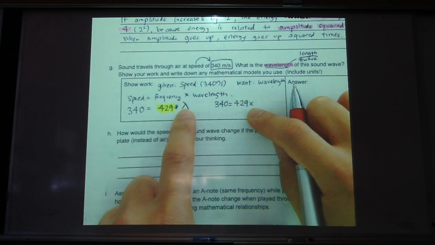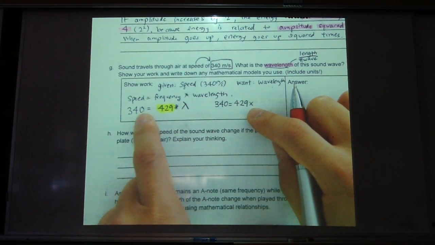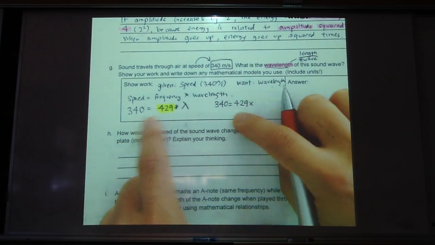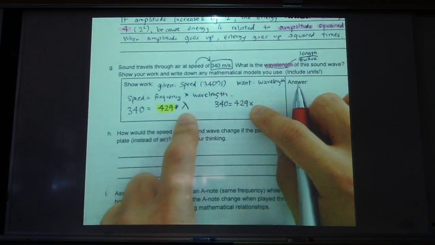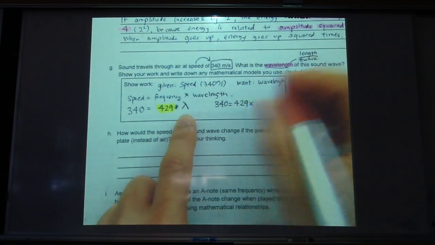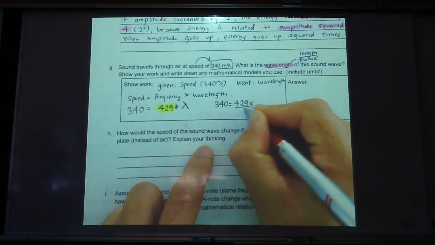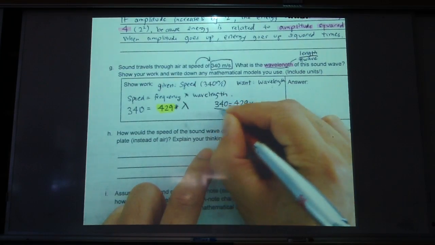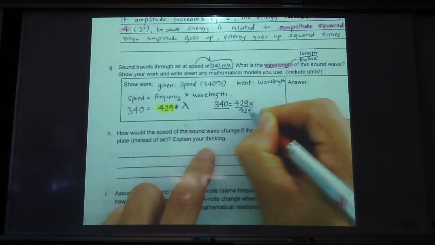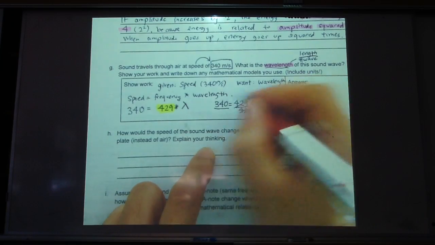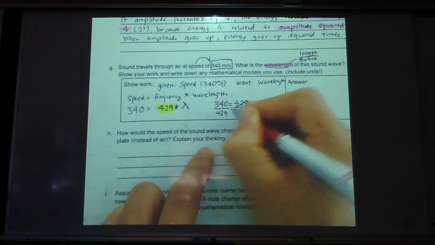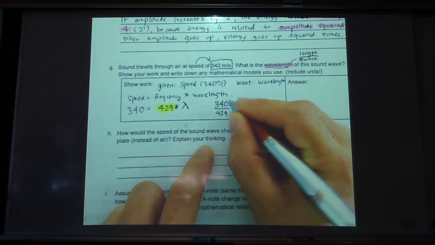We want some number times 429 equals 340. These two things are exactly the same thing. We're solving for x here, we're solving for wavelength here, which means the same thing. So over here, we all know we're supposed to divide this number on both sides so that we can get rid of the 429. And we get x equals whatever this is.